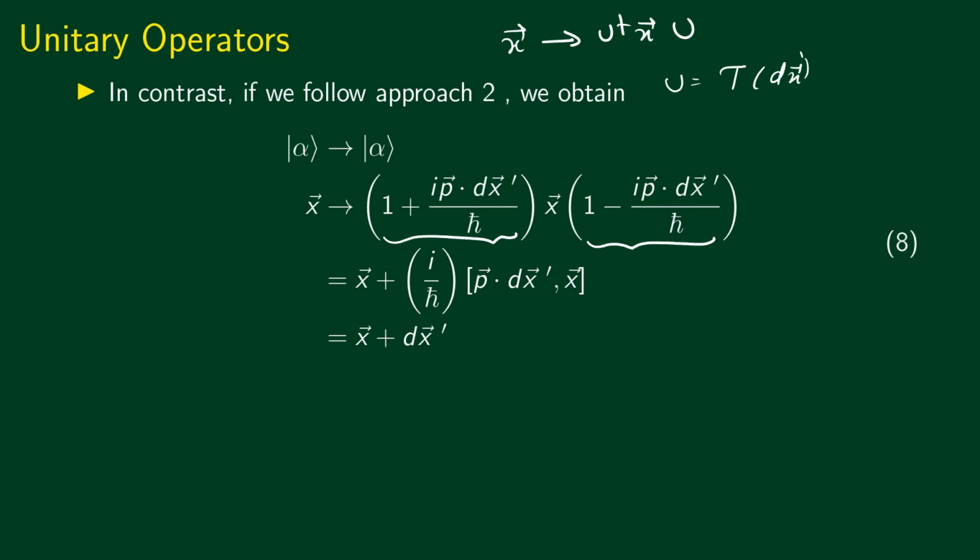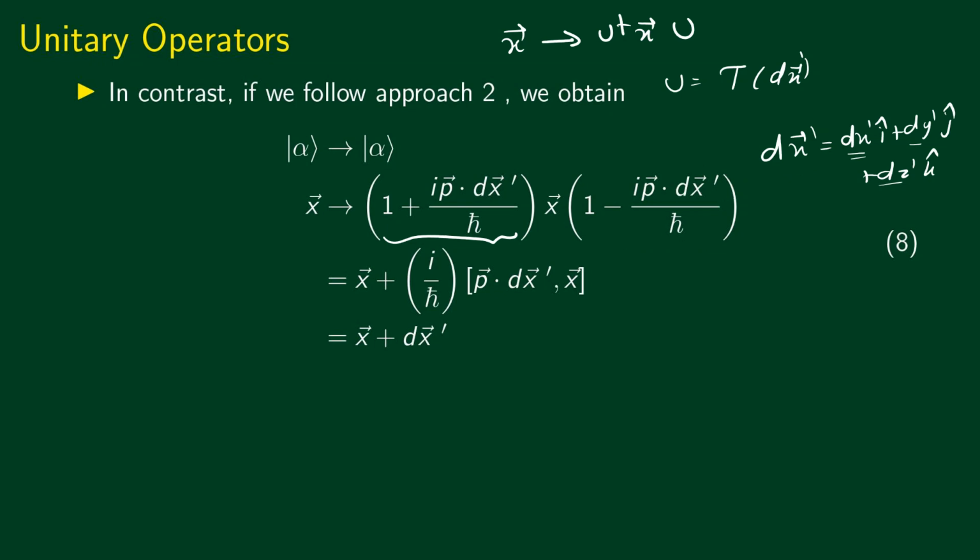Now, how do we take T dagger here? We see that dx vector prime does not change because dx vector prime is an infinitesimal displacement. It's a vector which can be written as, for example, dx prime i hat plus dy prime j hat plus dz prime k hat, where i, j, k are the unit vectors along x, y, and z directions. This does not change because dx prime, dy prime, dz prime are small real numbers.